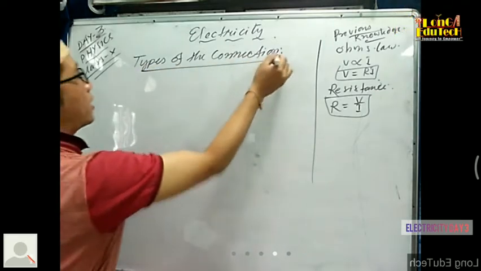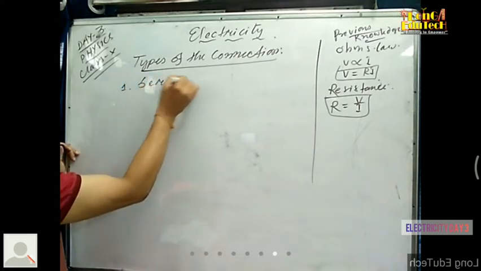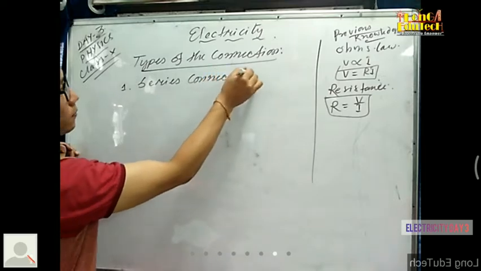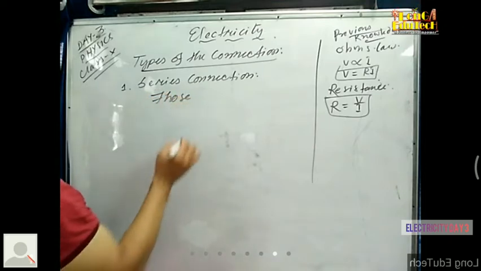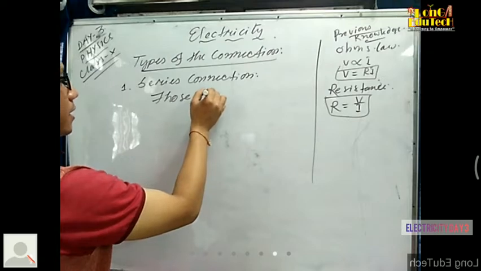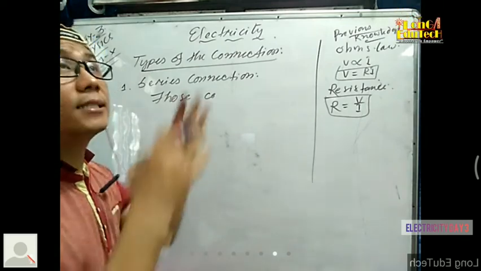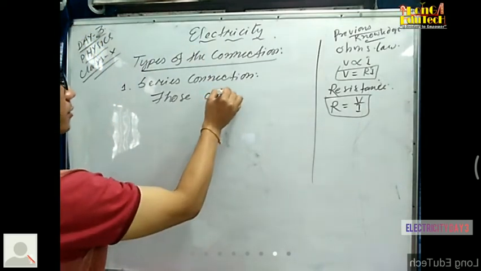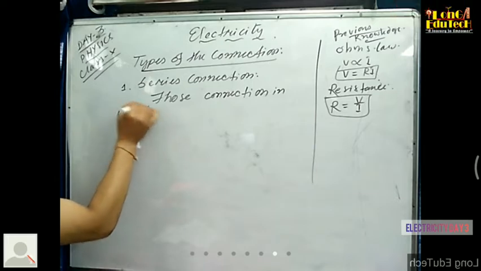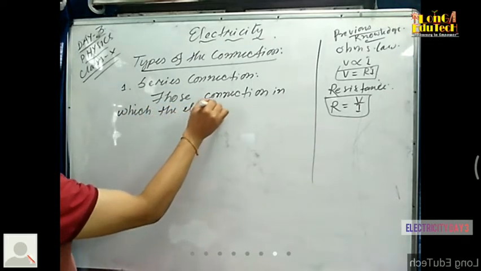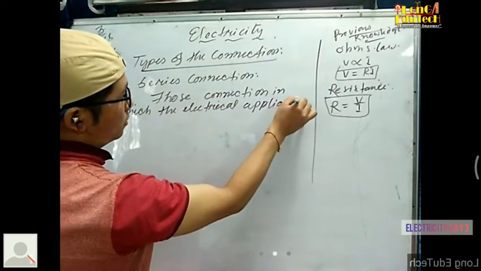So there are two types of connections. The first is series connections. Those connections where we connect appliances to an electrical source.